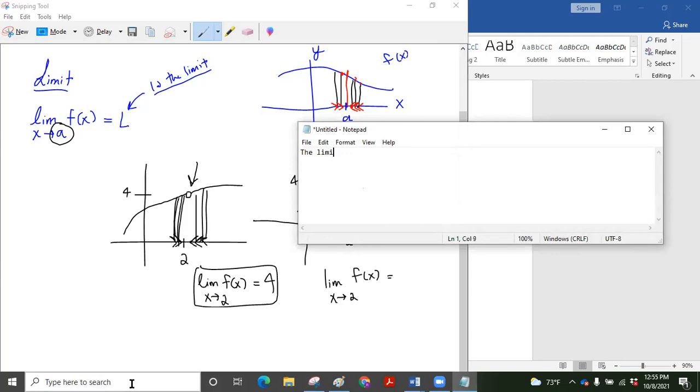So I guess you could say this is our first topic, graphical limits.